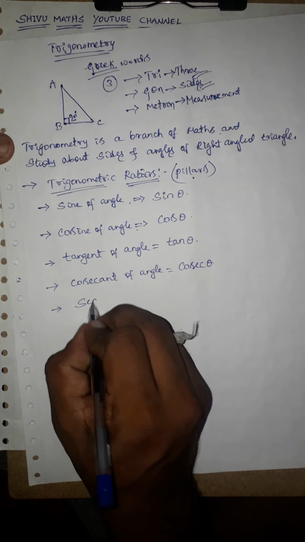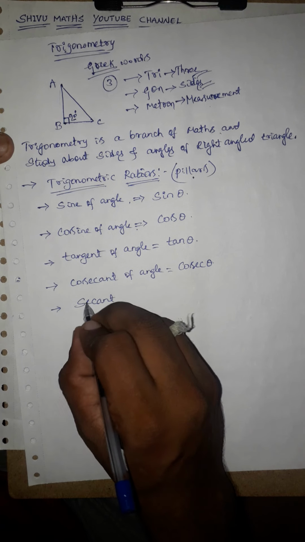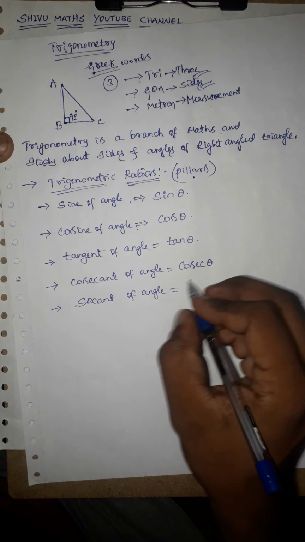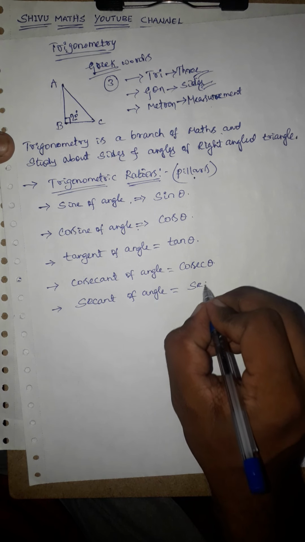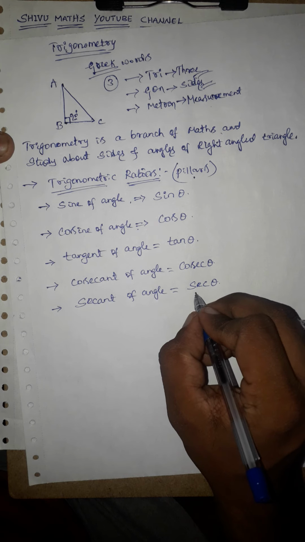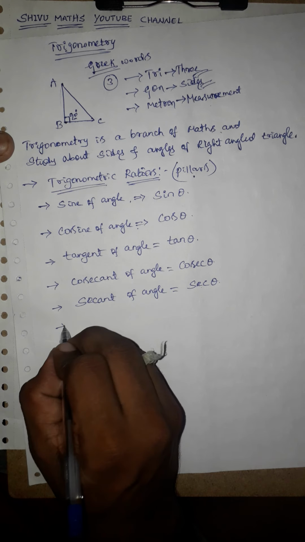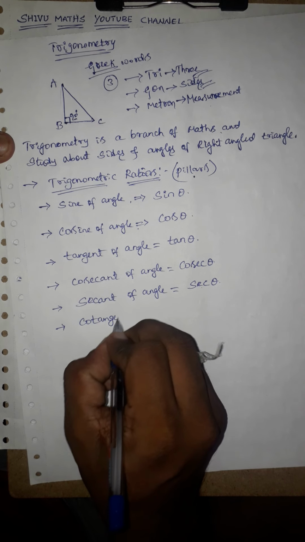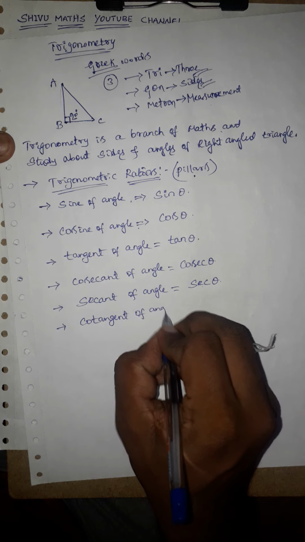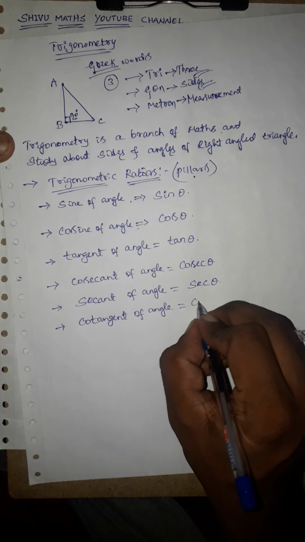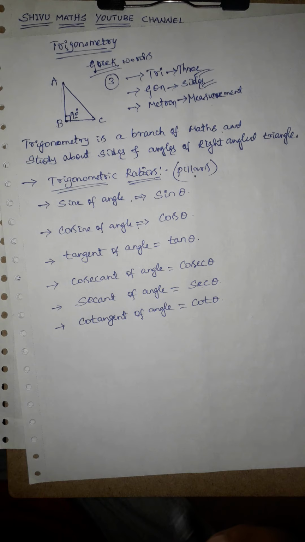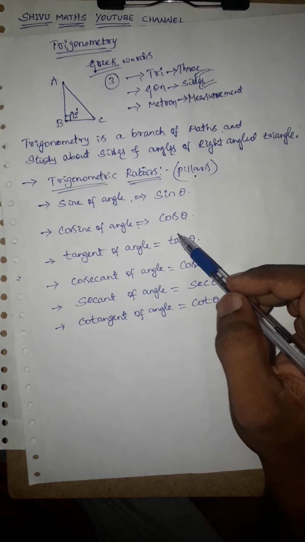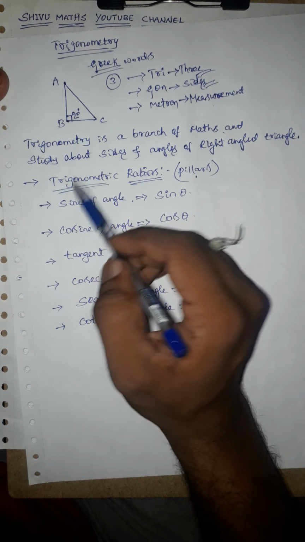The fifth one is secant of angle theta, abbreviated as sec theta, read as secant theta. One more, cotangent of angle, that is cot theta. These are the six trigonometric ratios for the three sides of the right angle triangle.